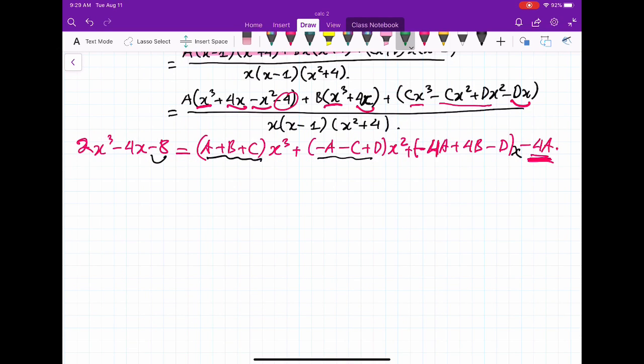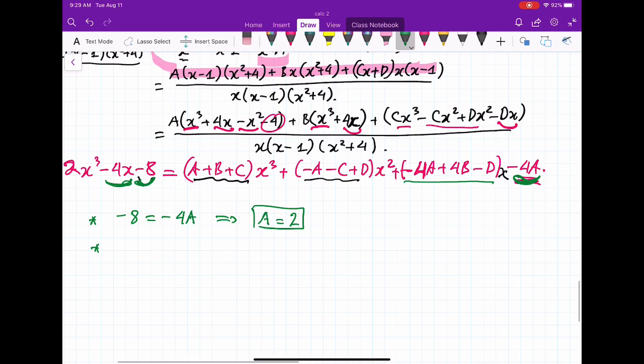Now let's compare the two polynomials. Let's start from the free coefficient, negative 8 with negative 4a. So I have negative 8 equal to negative 4a. That is the first one, and you can see right here a equal to 2. And then move to the x. You have negative 4 on the left hand side. On the right hand side, let's see if we have it correct or not.